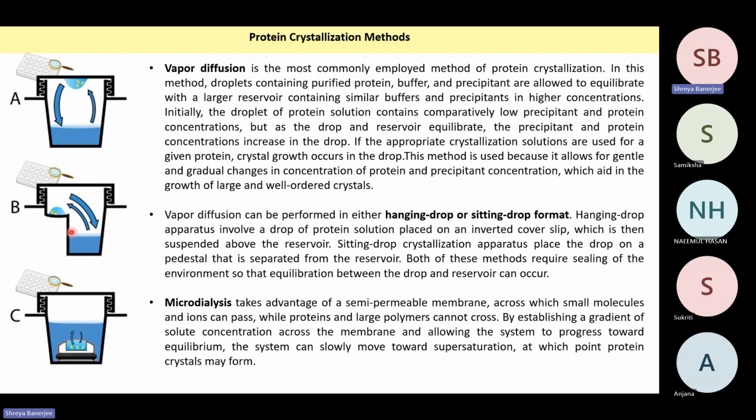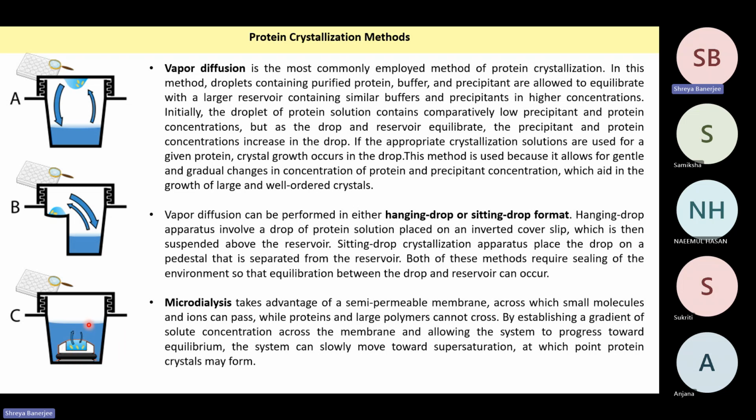In the first two methods, the reservoir had a large concentration and the concentration in the drop was gradually increasing. Here you take a large concentration inside the semi-permeable membrane, and gradually you allow the solvent and the precipitant to enter the semi-permeable membrane from the reservoir. Now, when the appropriate concentration is reached, crystallization will start to happen.